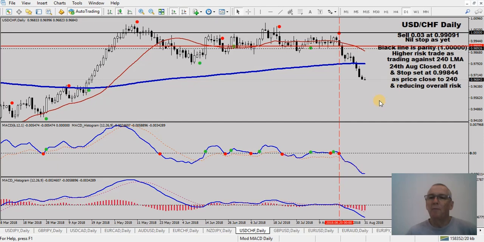USD Swiss franc in a sell back here. Closed 1/3 out when I got to the 240 LMA or close to it, and this morning I've closed another third out just for a couple of reasons. One, it's in good profit, and two, I've been looking at other charts which I'd rather not do, but something like the Euro USD I think is super extended to the upside, which means I think the Euro might turn around and come down.